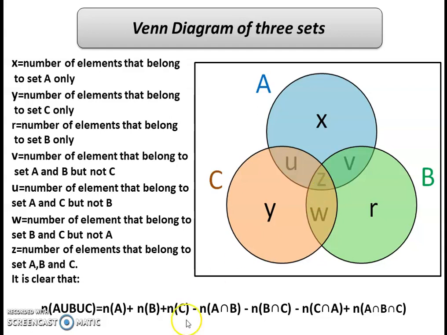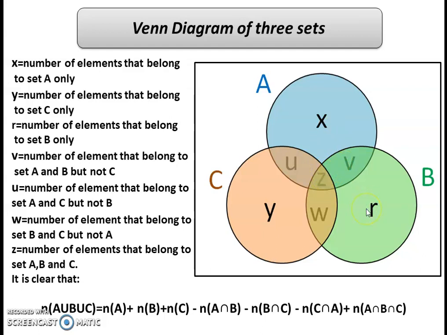So here number of elements that belong to set A and B are V plus Z, because this part is the overlapping part of A and B. So when we add V and Z, we will get number of elements that belong to set A and B, right?